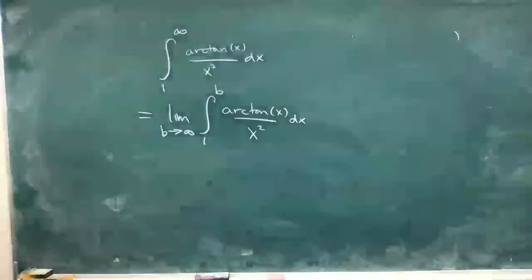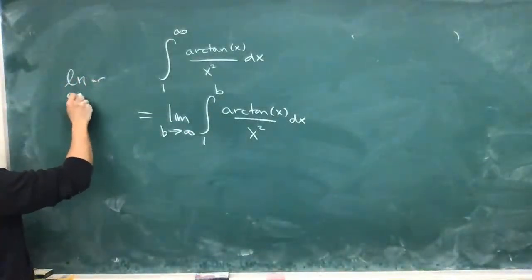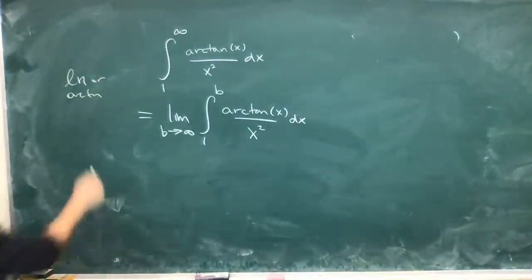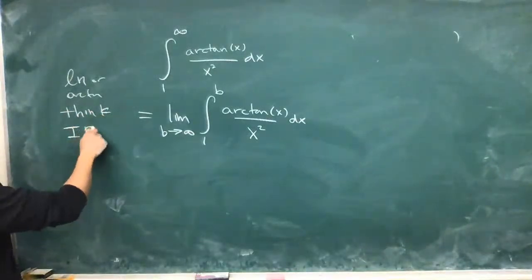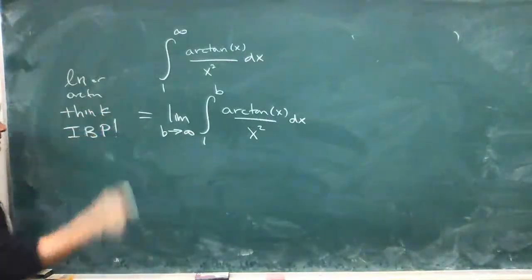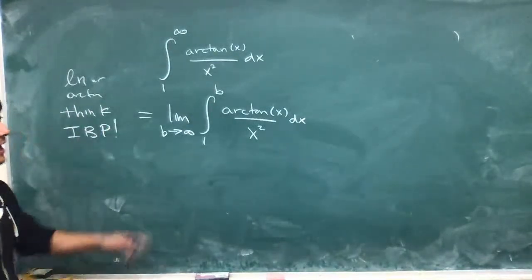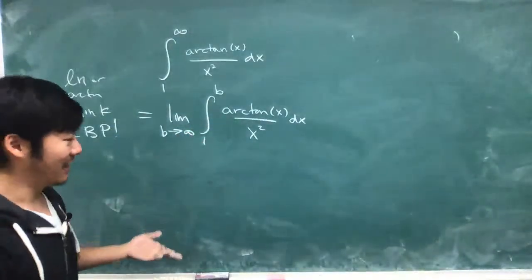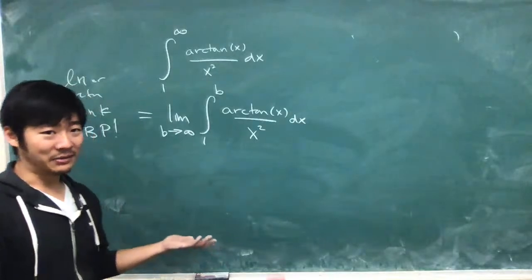So whenever you see log or inverse trig, so arctan, then think integration by parts, and choose the hard thing as your u. You wouldn't choose this as dv because the antiderivative of arctan is a little tricky, although it's possible.